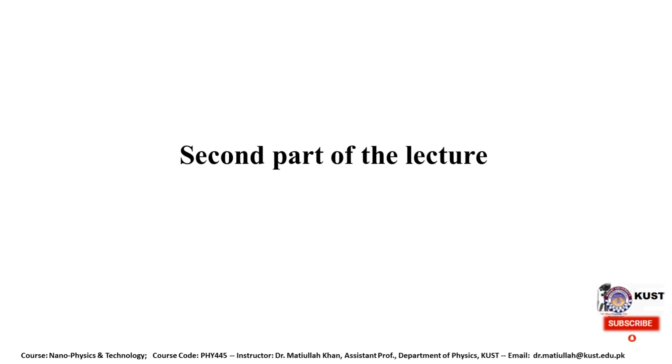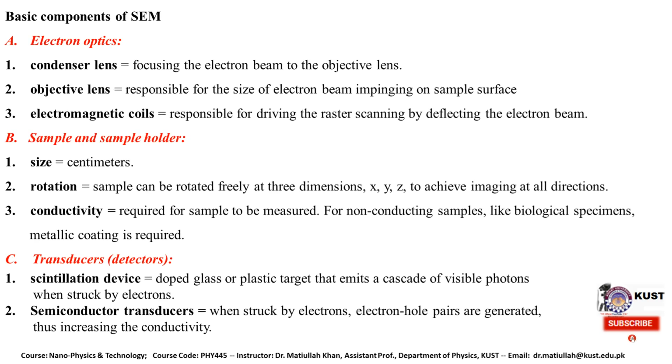In this lecture we will basically discuss the different parts of the scanning electron microscope and transmission electron microscope, its objective and its performance. The first thing is that we need to discuss the basic components of the scanning electron microscope. The scanning electron microscope basically consists of three bigger parts.